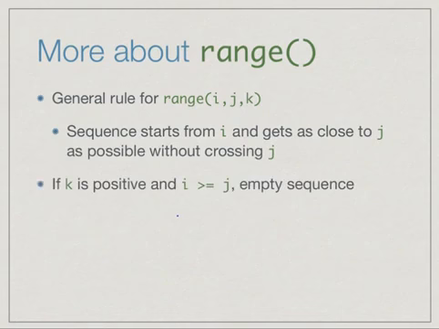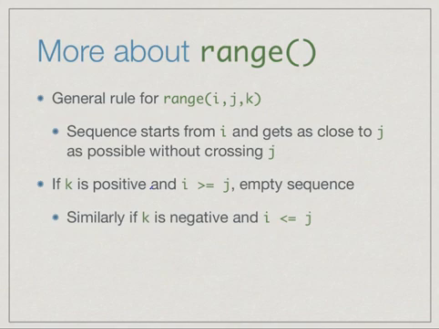In particular, what this means is that if your increment is positive, then if you start with a value which is too large, you will generate the empty sequence, because you can't even generate i: if i itself is bigger than or equal to j, that would not be allowed. Conversely, in the negative direction, if we start with a value which is smaller than the target value, we are already below j, and so we can't proceed.